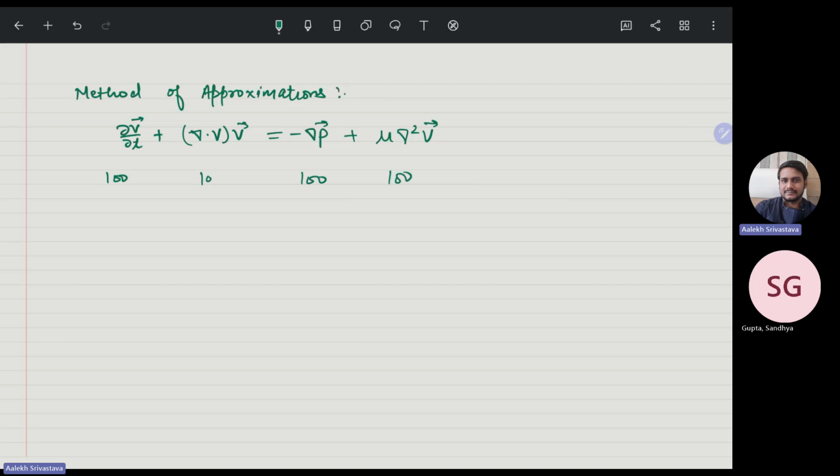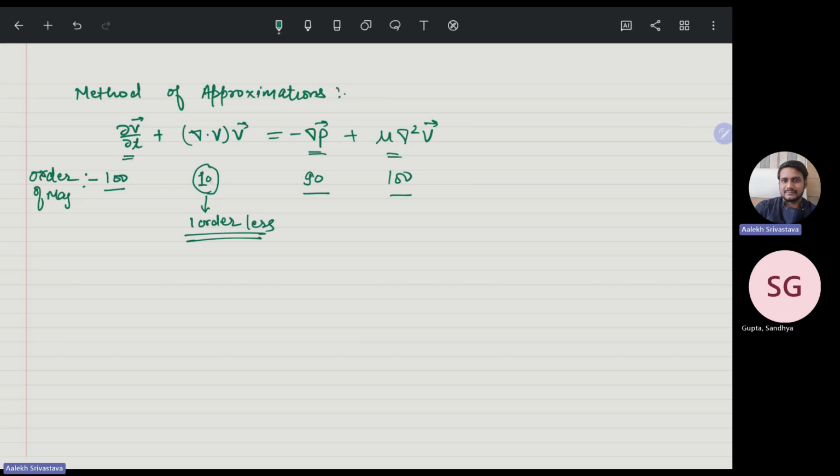Now, if you see here, we say order of magnitude. This term is 100, this term is 100, this term is 100. Or I would say, make it 90. Then you will find that this term is one order less compared to this term and this term, and also the unsteady term.